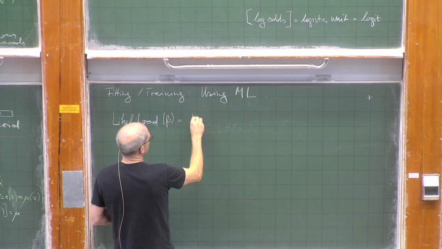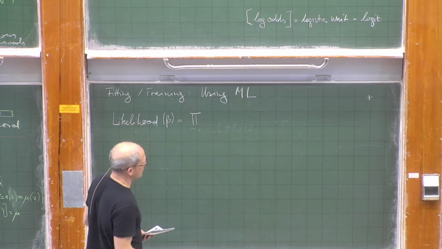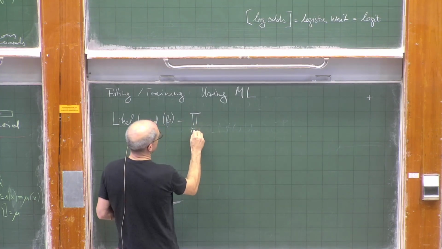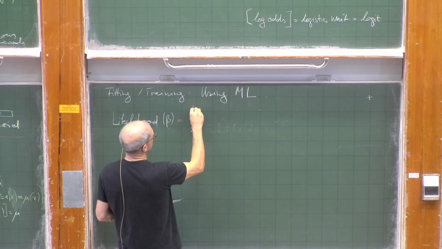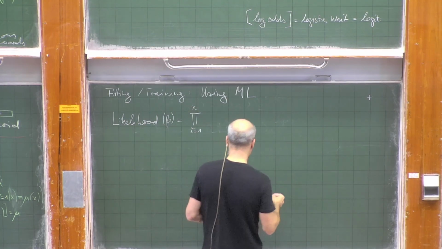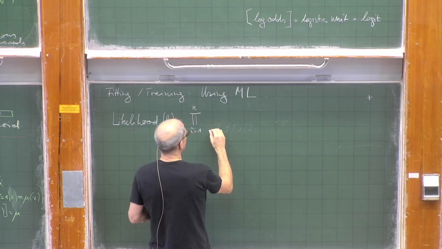So we have a product of the probabilities of our individual observations. This product goes over all the n observations that we have.